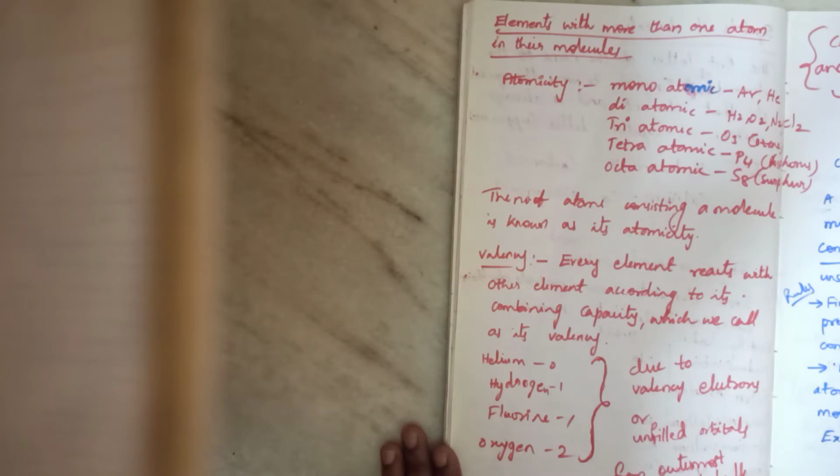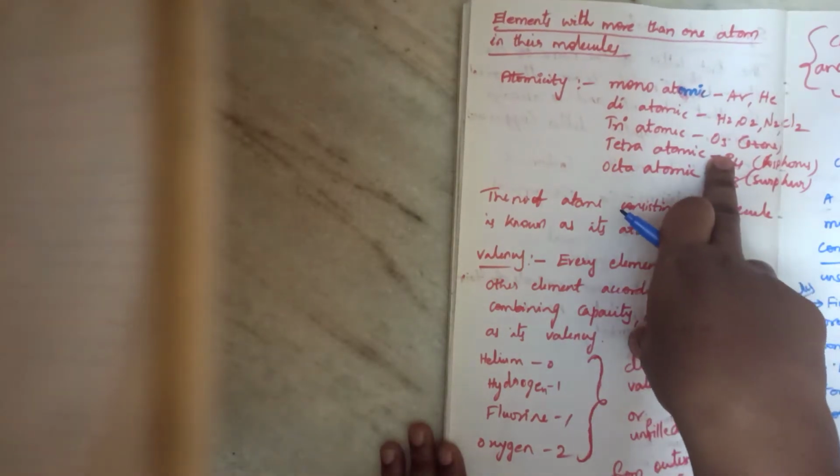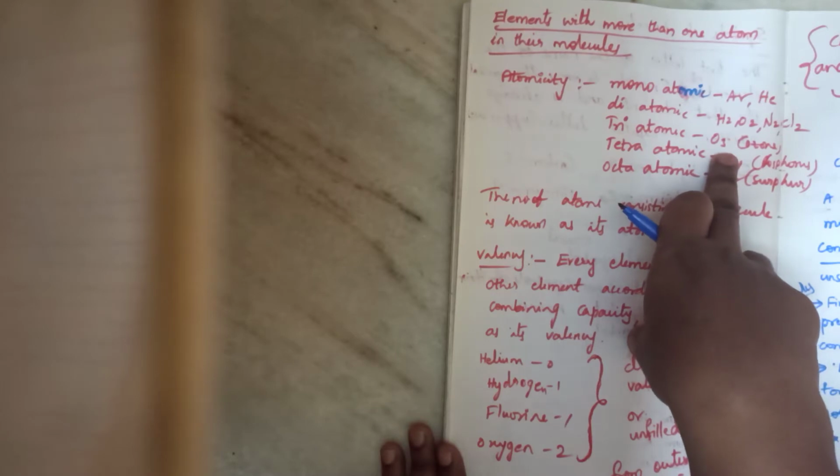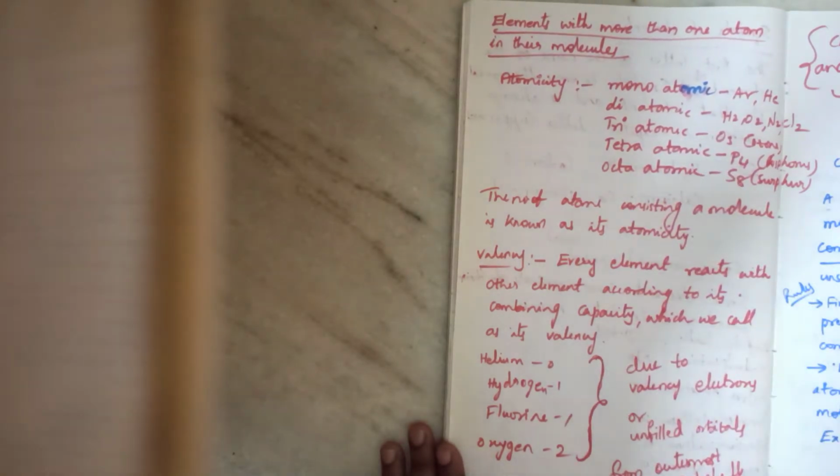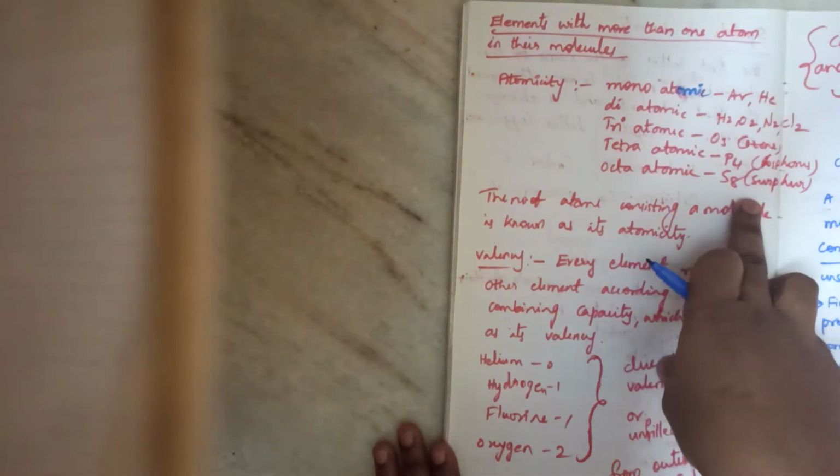Some are triatomic. Ozone we know, the fragile sheet of gas present at the top of the sky, which controls the harmful radiation coming from the sun. That is the ozone layer, ozone O3. Some are tetraatomic, like phosphorus, and octaatomic, like sulfur.